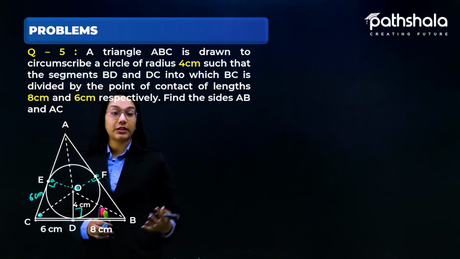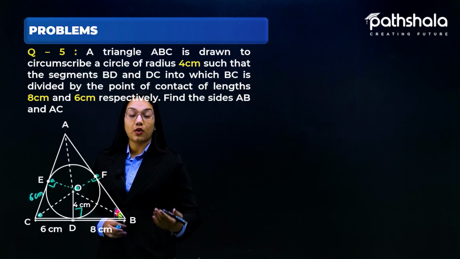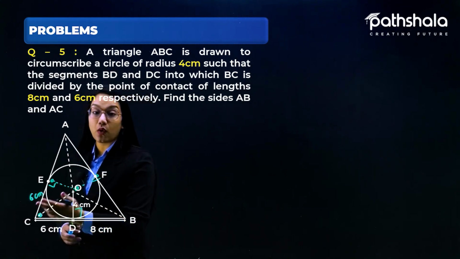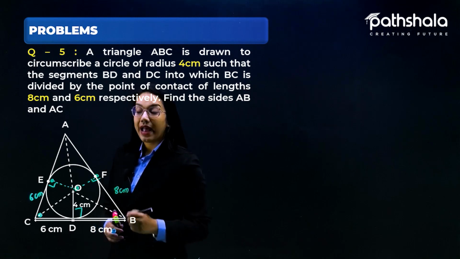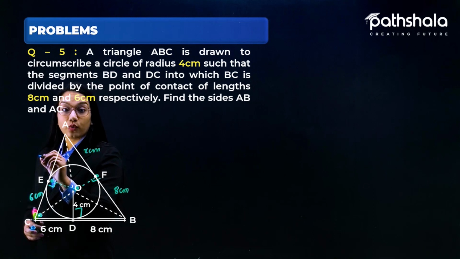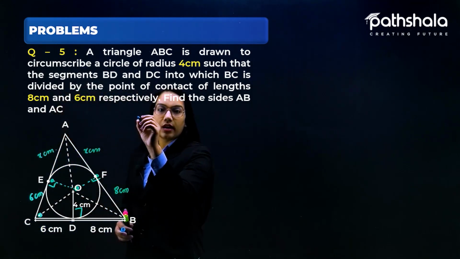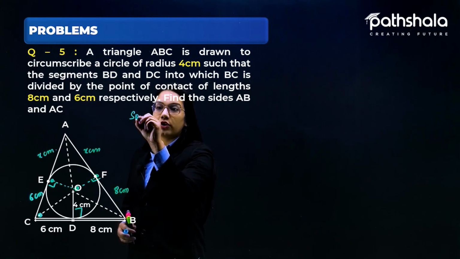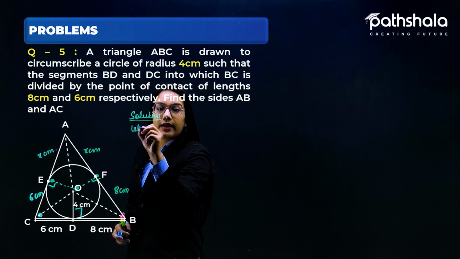We know the concept that the lengths of the tangents drawn from an external point to the circle are always equal. So if this is 6, this is also 6. If this is 8, then this is also 8 cm. And if I take this side as x centimeter, this would also be x centimeter.